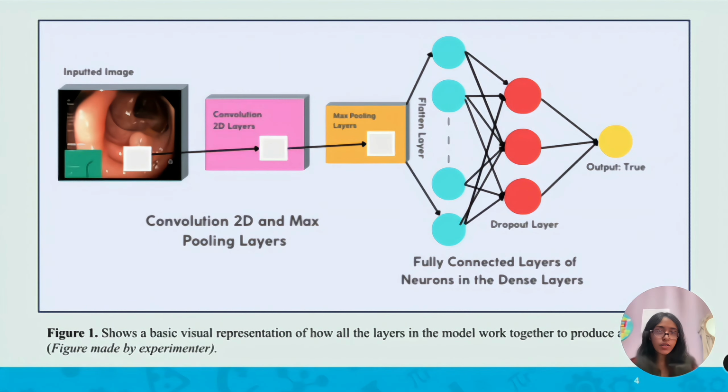Then these extracted features are passed to the neurons in the dense layer, and these neurons perform specific calculations. They determine the weight of each feature in determining the output for the model. Based on these calculations, the model will take those weights and produce an output, either saying it's true, meaning it has a polyp, or it's false, meaning it doesn't have a polyp. So next, I want to show you how my website works.